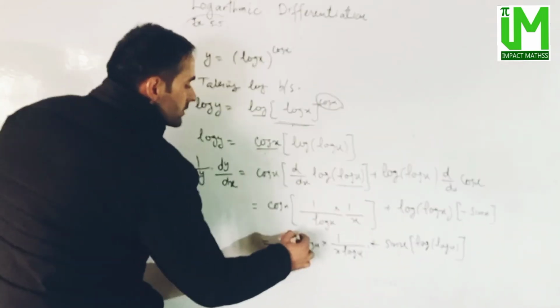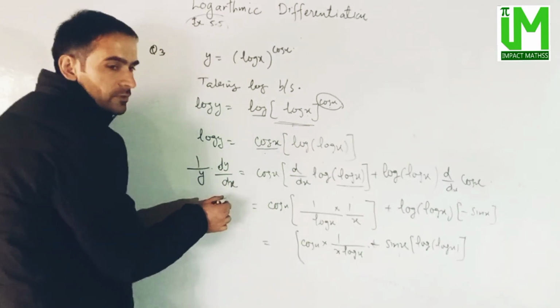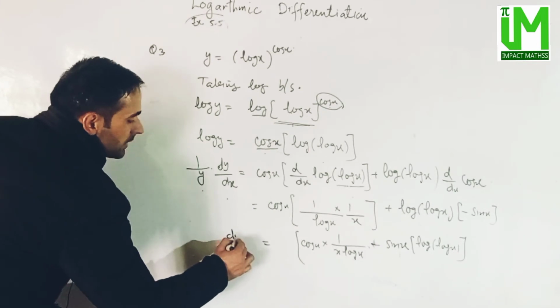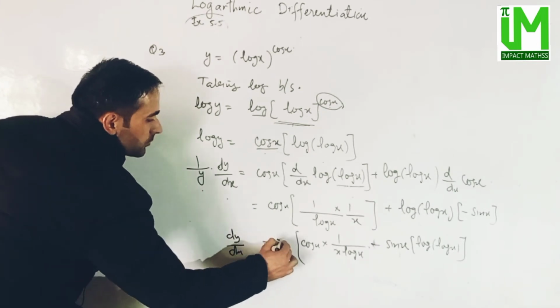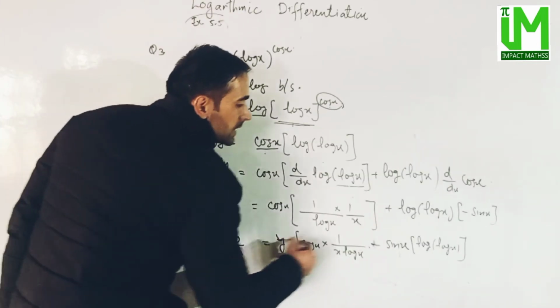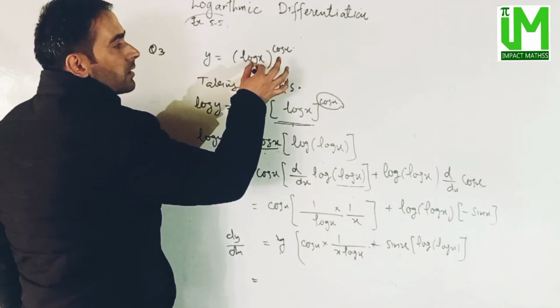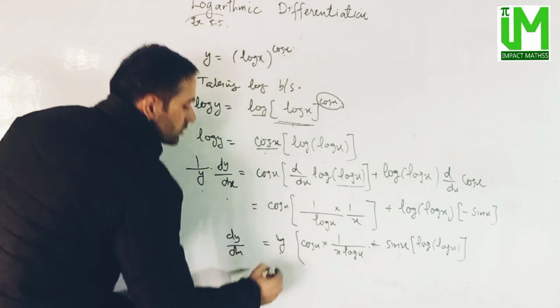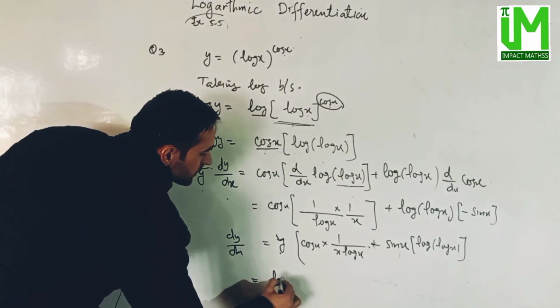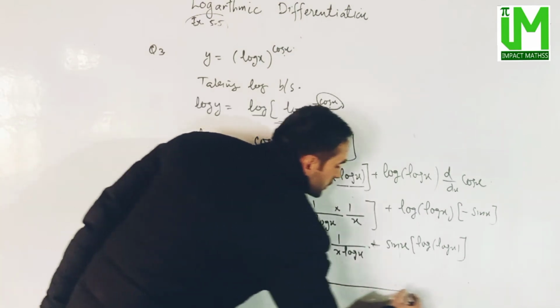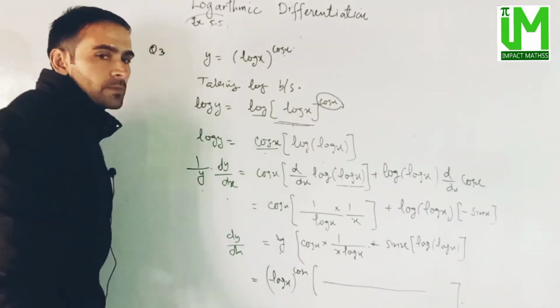So अब यहाँ किसका वैल्यू निकालना है? dy by dx. What will be dy by dx? y को shift करेंगे. So dy by dx is equal to y times this whole thing. So what is value of y? Y value is log of x raised to power cos of x. So this will be log of x raised to power cos of x into this whole thing. So this will be dy by dx.